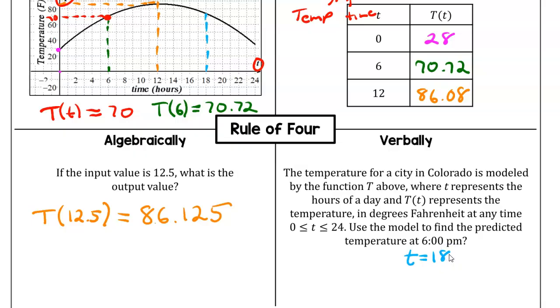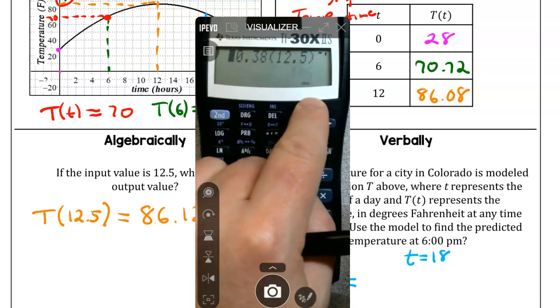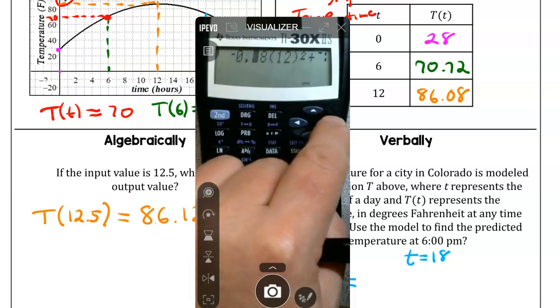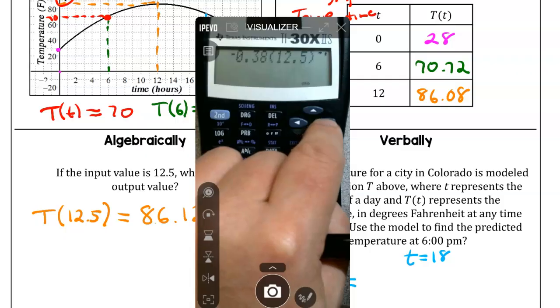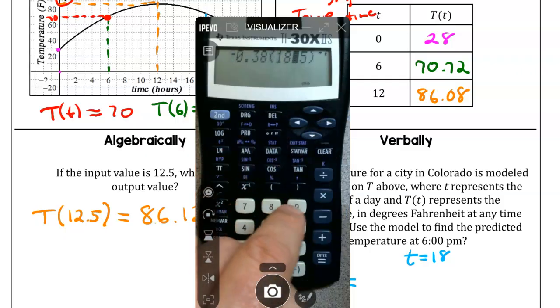If you know military time, you know that 6 p.m. is 1800 hours. So we can do the same thing. We want to find T at 18. One more time, we can use our calculator. I go back up and change this to 18 hours and then just delete.